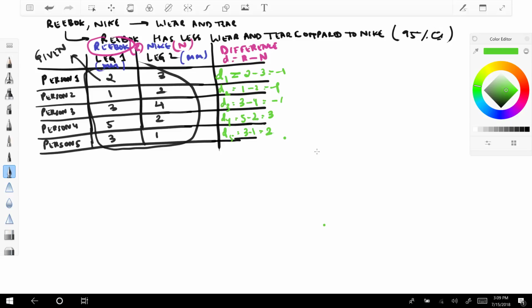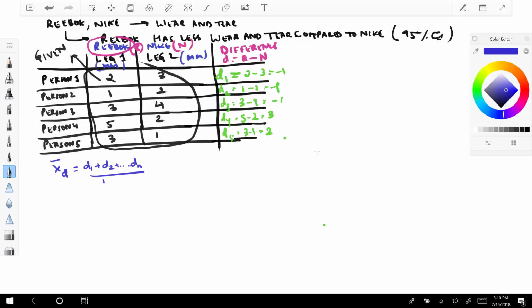So now I am interested in calculating the mean of the difference, which is xd bar, which is the average of all the differences. The formula is d1 plus d2 and so on until dn divided by n.